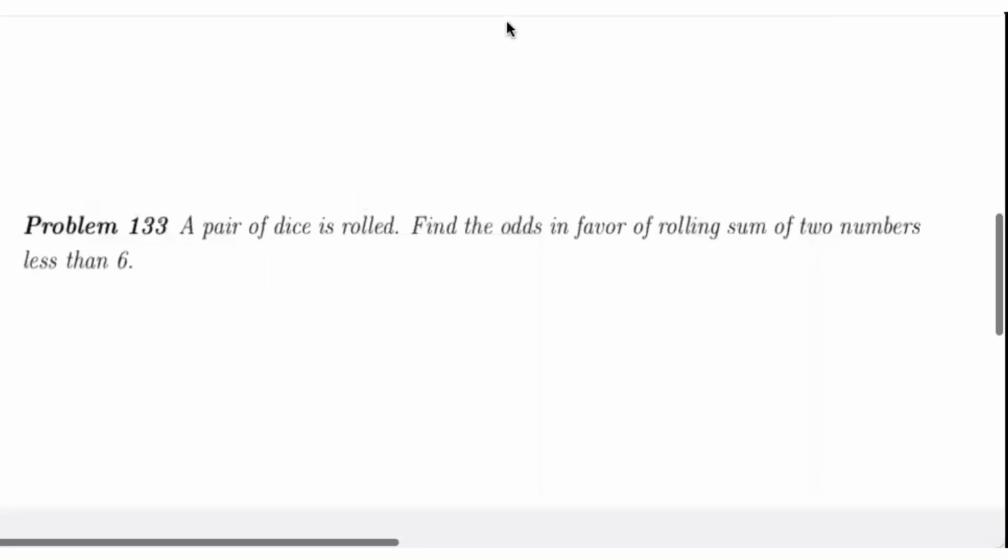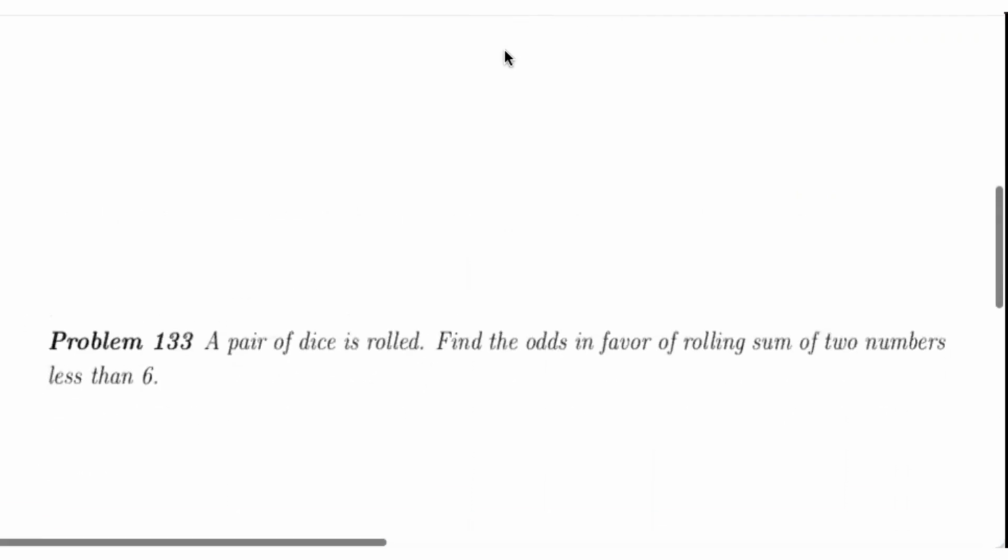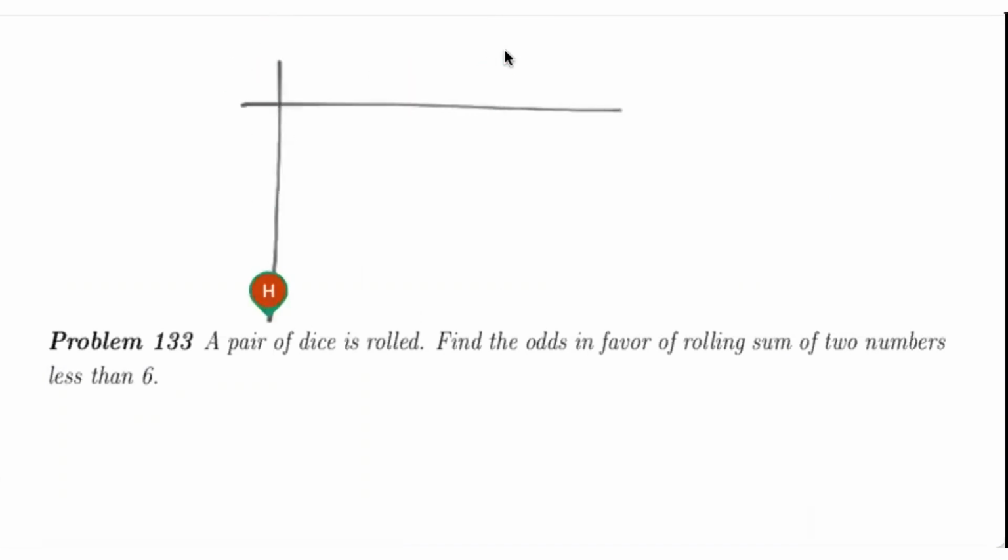133. Pair of dice. Odds in favor of the sum of two numbers less than 6. Okay, odds in favor. I'll make a table. Remember, every time you have a pair of dice, make a table.